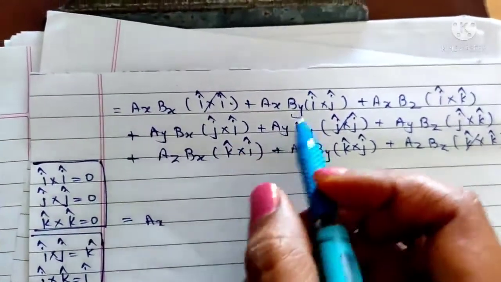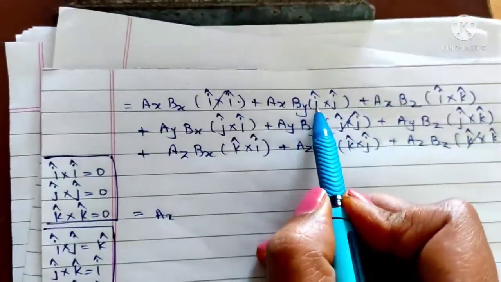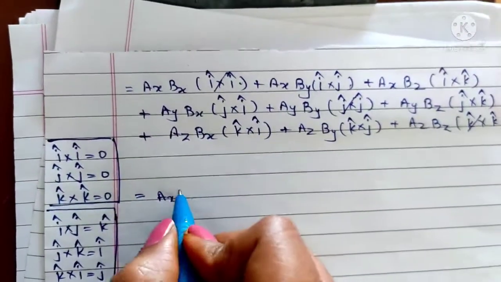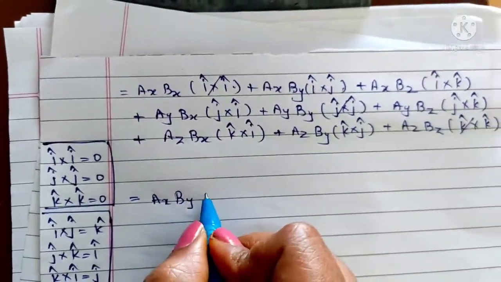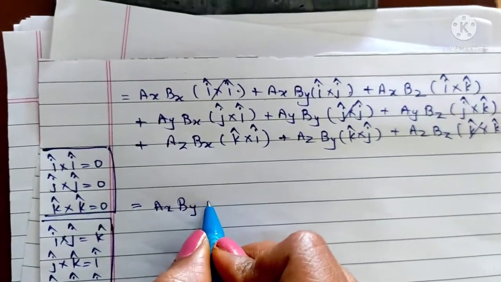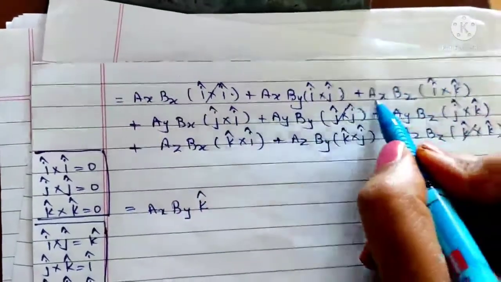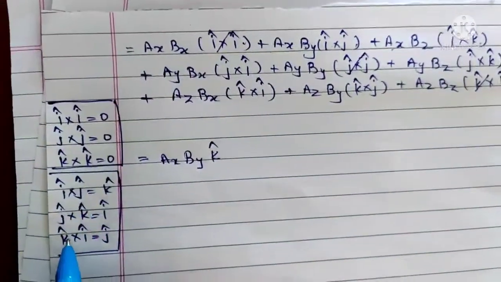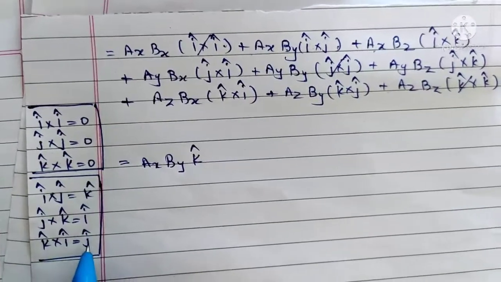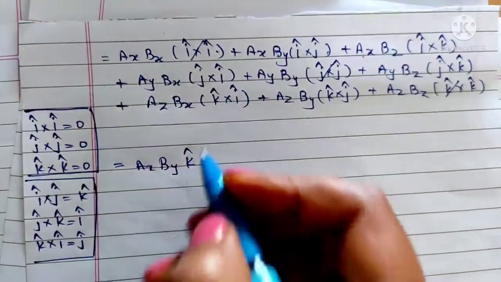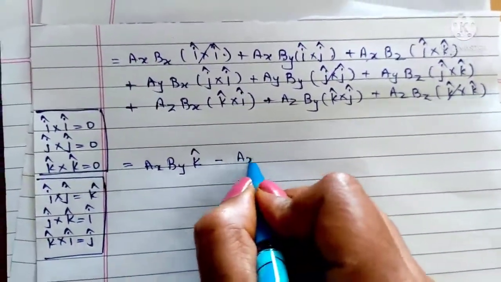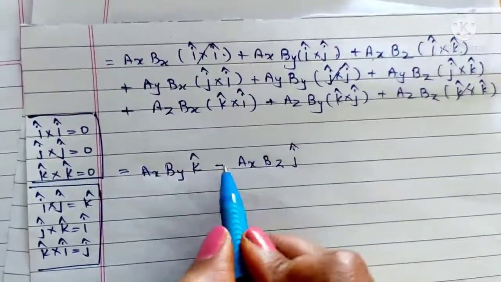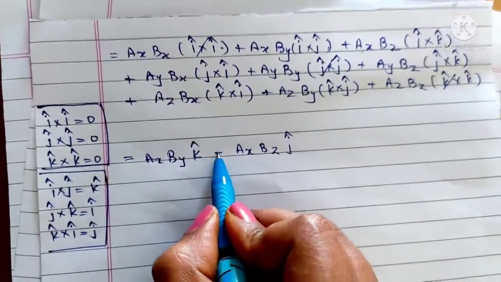And then the remaining term ax by, we know that i cap cross j cap is equal to k cap, so here we can write ax by into k cap, then ax bz into i cap cross k cap. If we reverse this order then we get minus j cap, so this term becomes ax bz into minus j cap. The minus sign I have taken here in the middle of this term.